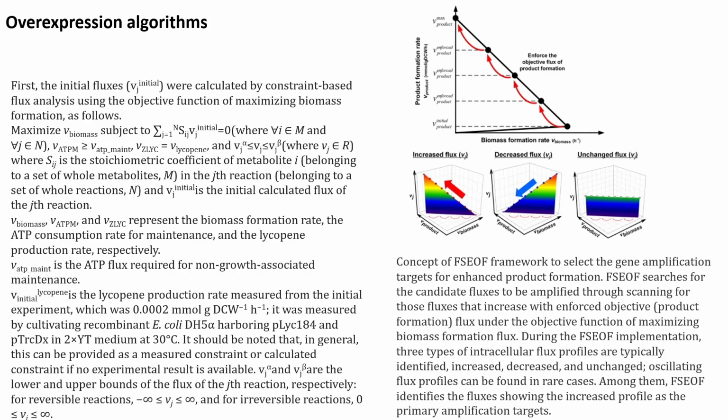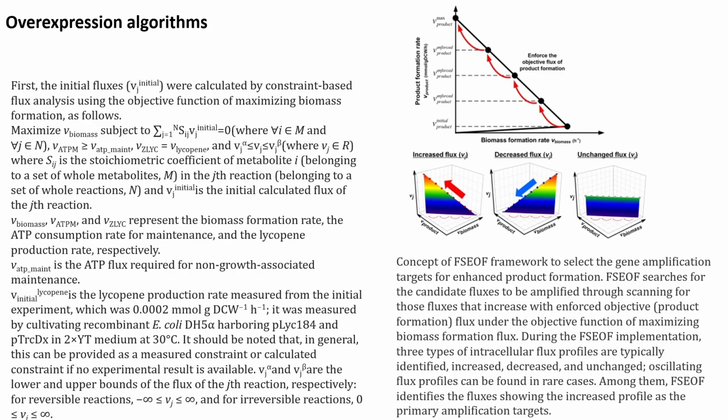Now, during this implementation, three types of intracellular flux profiles are typically identified: increased, decreased, or unchanged. Oscillating flux profiles can be found in rare cases, where you're increasing production and your growth rate is increasing, but the flux is oscillating. That is very rare, but generally you get increased, decreased, or unchanged.